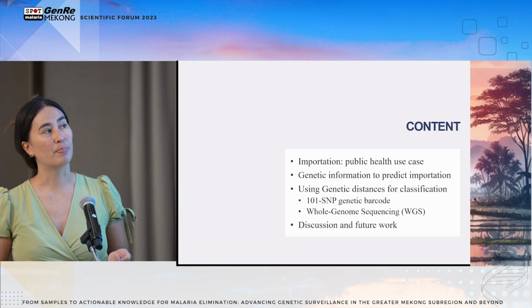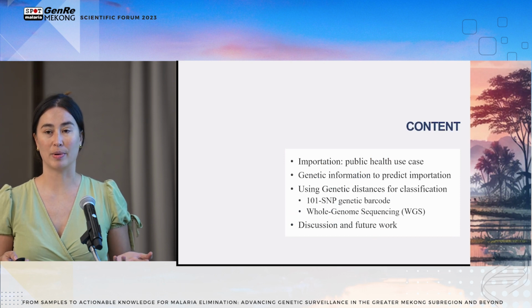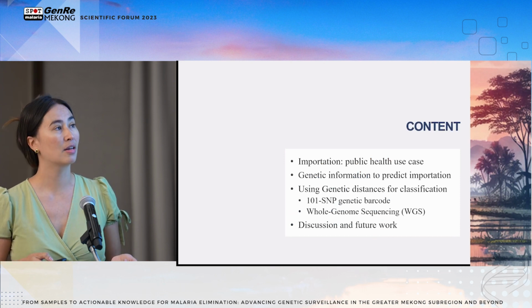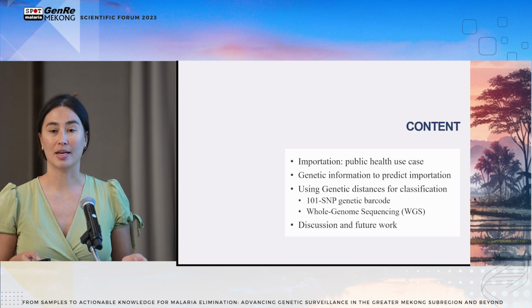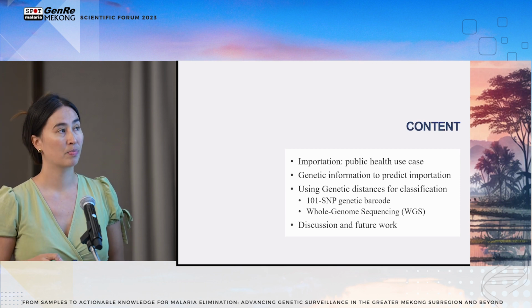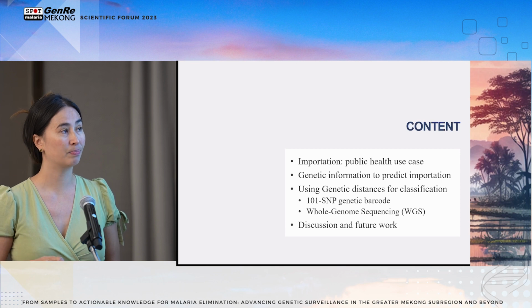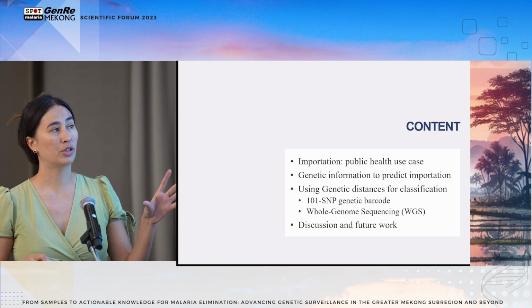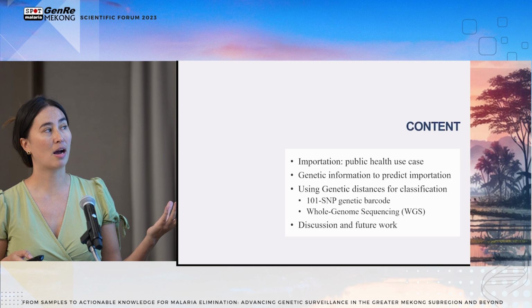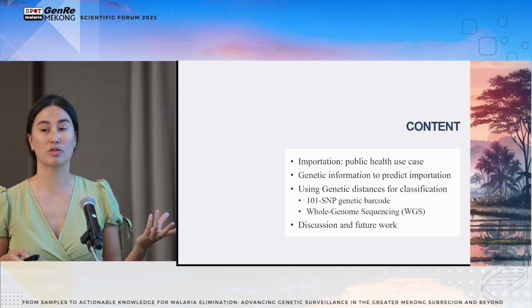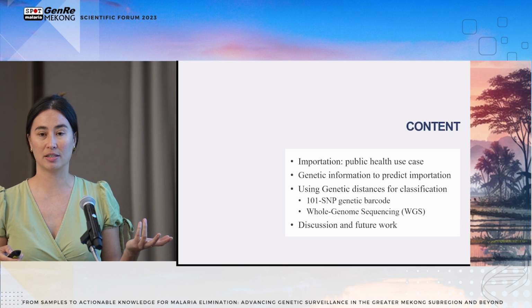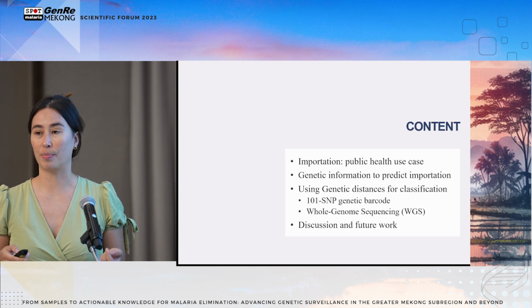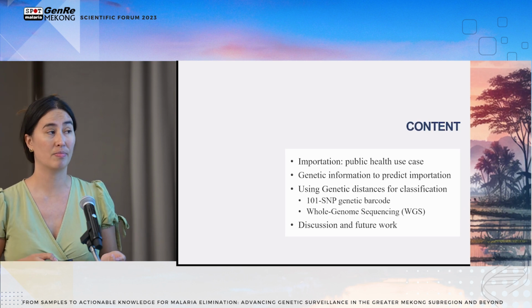First, I will share some background on importation as a public health use case and how genetic information might be useful in addition to travel history to predict importation. And then I will give you an idea how genetic information could be used for classification by demonstrating one measure, so genetic distances that were calculated from the PF7 release.